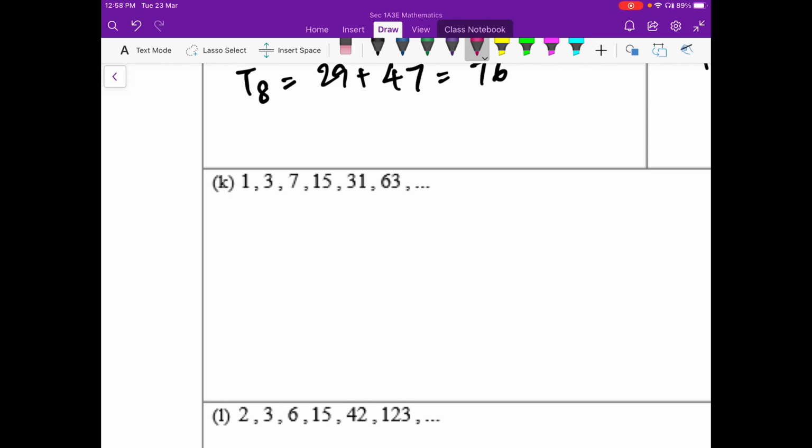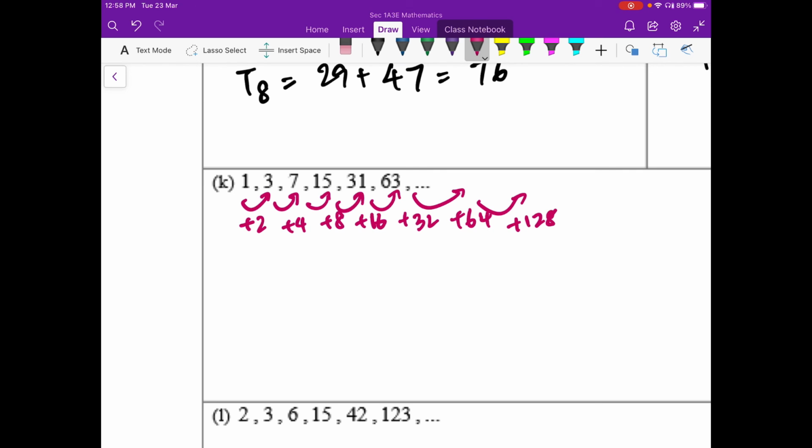Okay, what's the sequence for this? Okay, plus 2, plus 4, plus 8, plus 16, plus, what's next? 32, plus 64, plus 128. Okay, so term number 1, 2, 3, 4, 5, 6, 7.